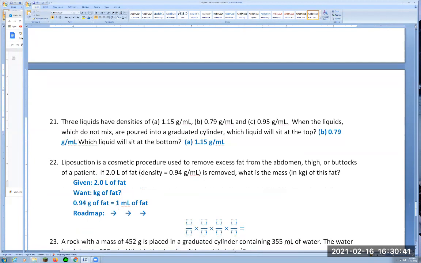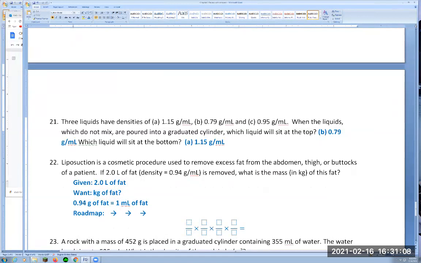Because density relates mass over volume, grams per milliliter here. And so you have a volume here and you want a mass. So the density will relate the milliliters to grams. But you see, it's milliliters to grams, and we have liters and we want kilograms. So we need to do some conversions around the density, right?